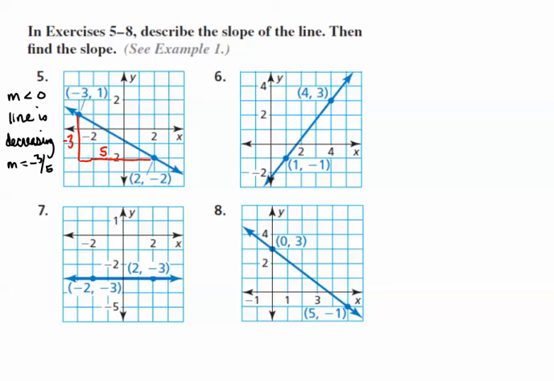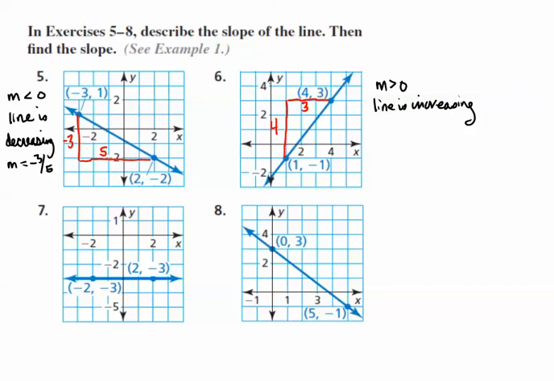Second, number 6, we know that m is positive, so the line is increasing as we move from left to right. And let's measure the slope. We start at the leftmost point, up 1, 2, 3, 4. So I write a 4 there, over right 1, 2, 3.